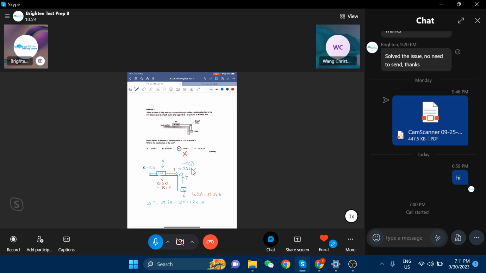But I think that because the 4 kg box is not on the surface, it doesn't get affected by the friction. So the 4 kg is just like the weight that pulls on the 10 kg.